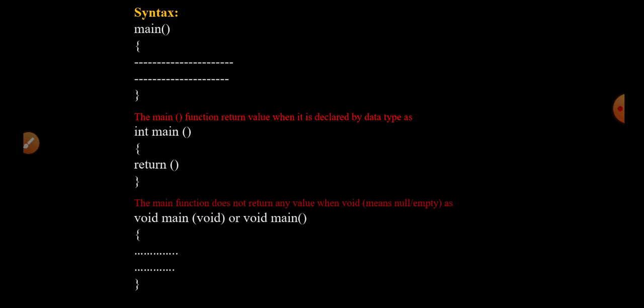Main is a main function of type integer, and always this program will return a value of the integer type. The main function which does not return any value has to be written as void. Void stands for null, which means main is a function which is not returning any value, right?